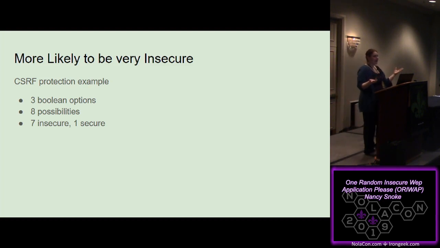So unless you go through and actually make some selections and change things up, you might be so insecure that it's hilariously funny as opposed to challenging. So that's just a note.